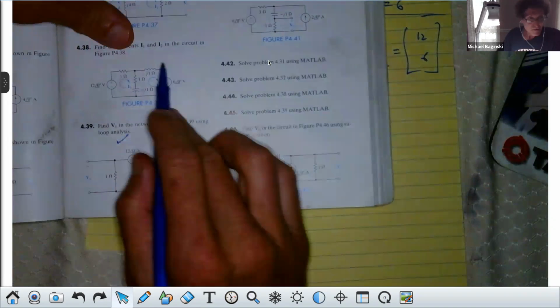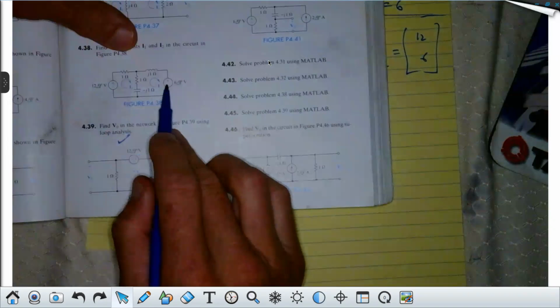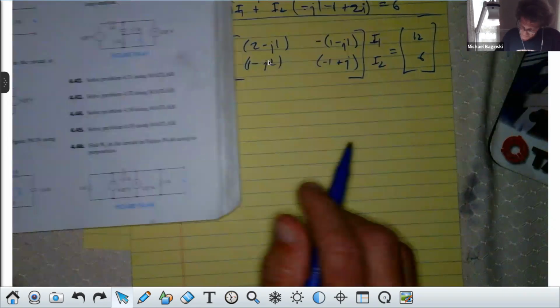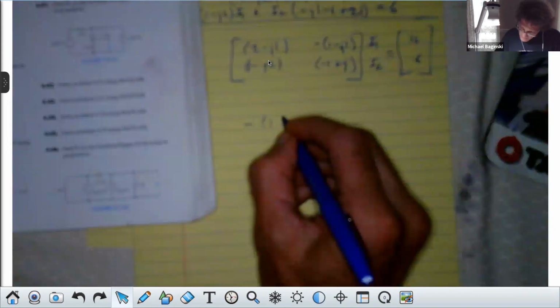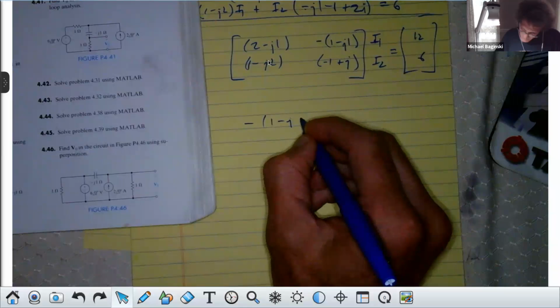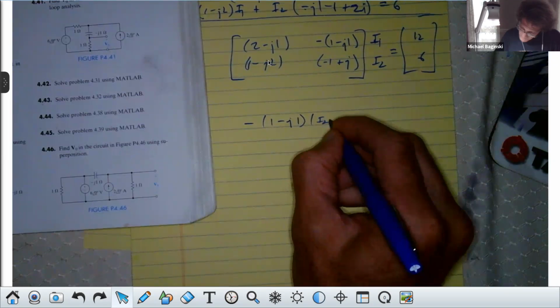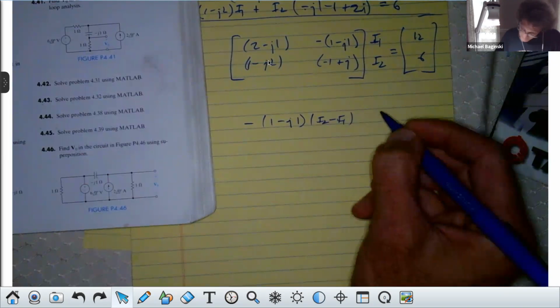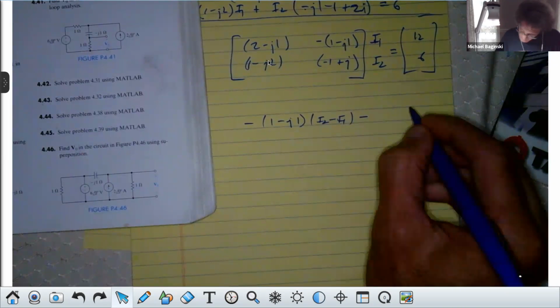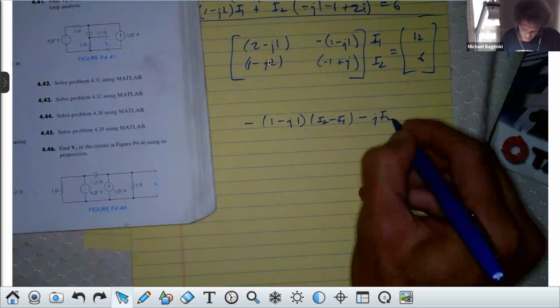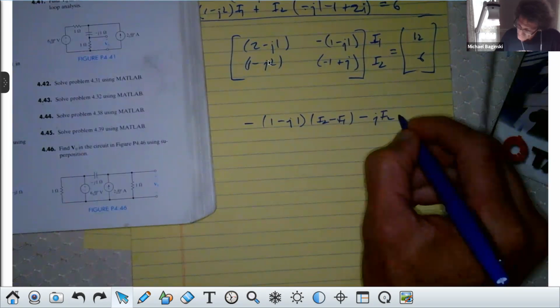You see the loop here? Yes. All right. It's going to be minus this impedance, which is 1 minus J1. And that's net current flowing up, I2 minus I1. Then it's going to be minus the second impedance, J1, just times I2. And then it's going to be minus 6 equals 0.